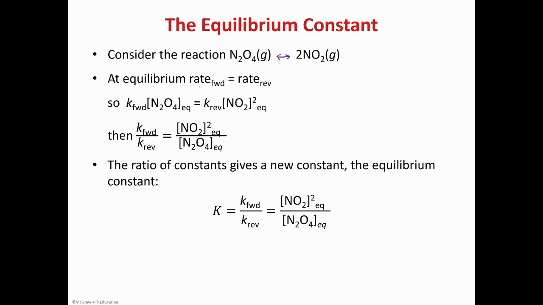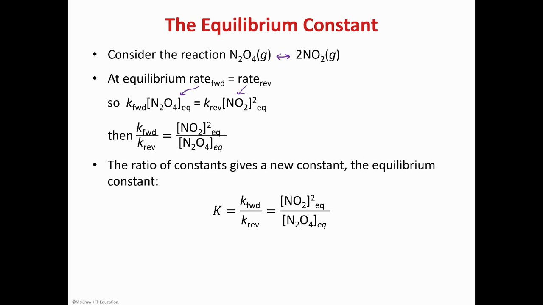And since we said that that equals the rate of the reverse, so if I'm looking at the reverse, K reverse NO2 squared. So this is a lot like the mechanisms that we started to talk about in the fast reactions that were reversible.